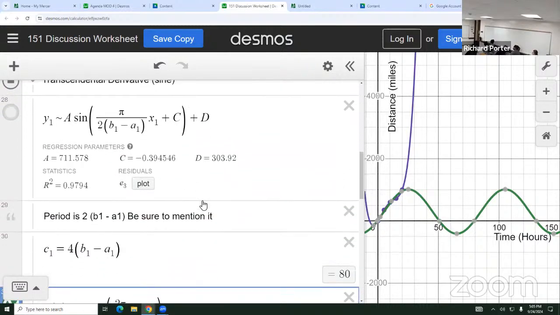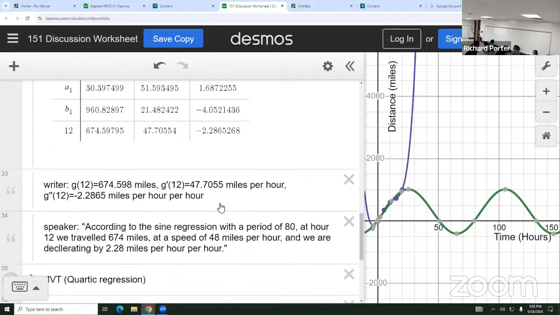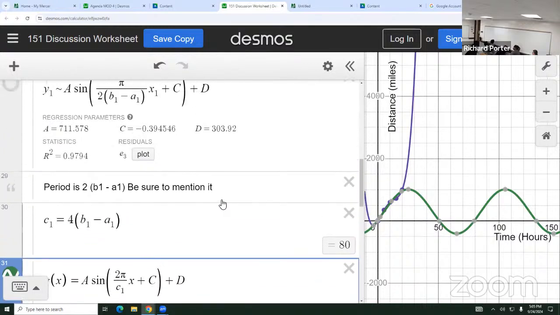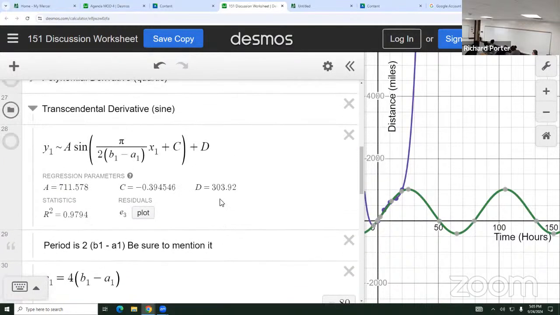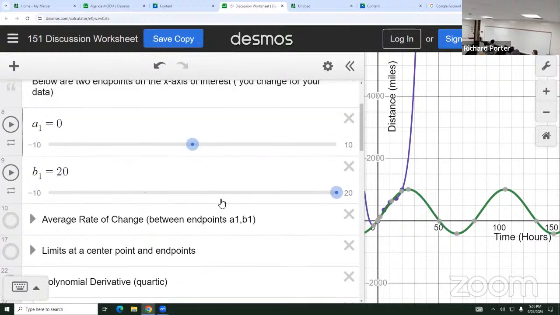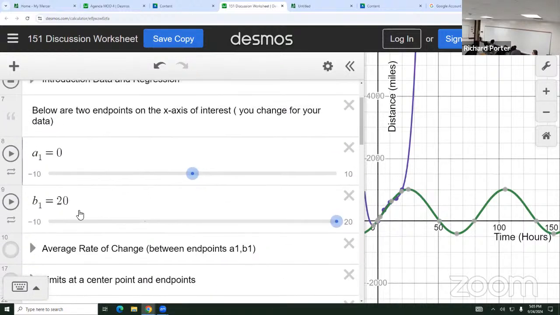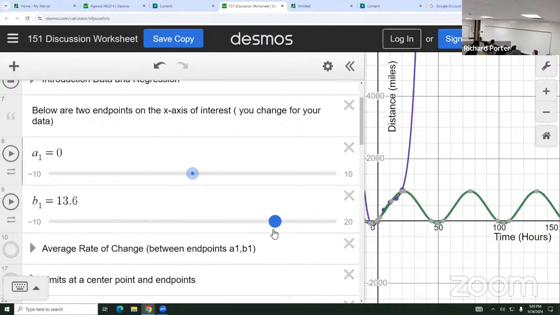What if you said it took, how many hours does it take to go to Florida? No, you can change this so that the period is smaller. If I change this B1 to 10, what's the period going to be?